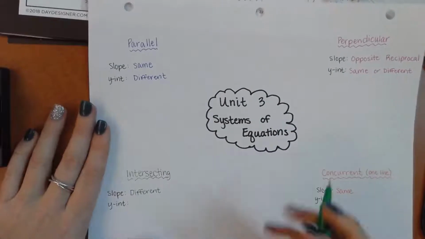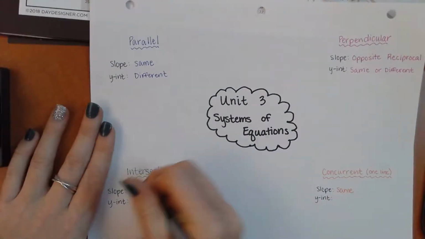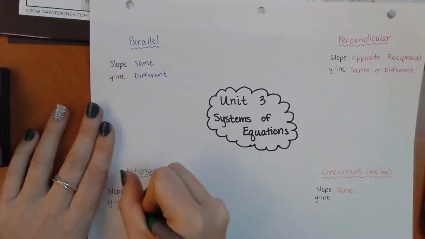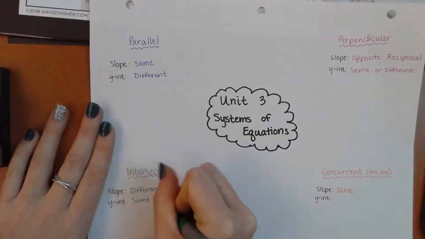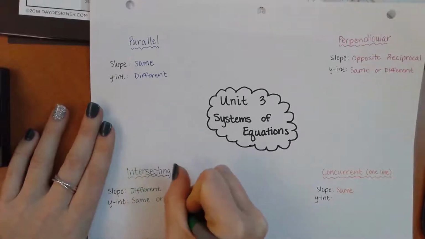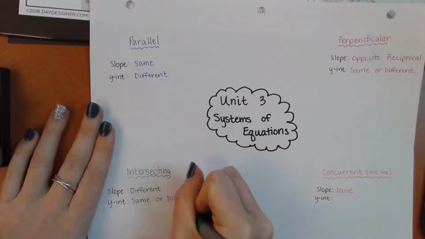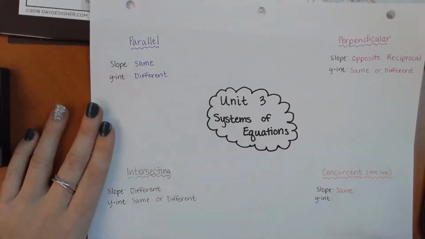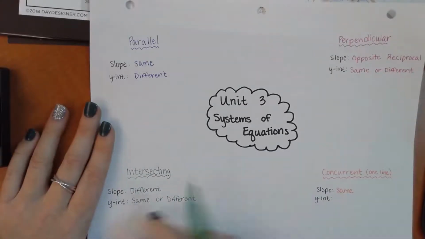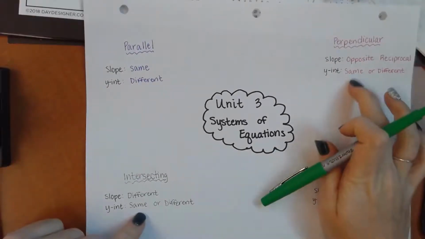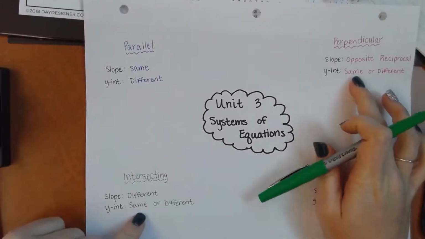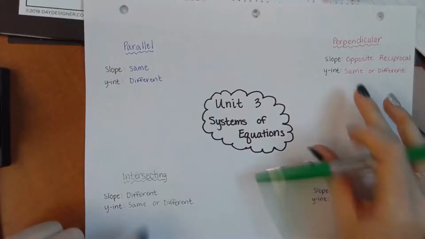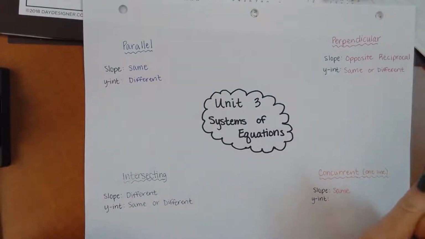Then intersecting is the same as perpendicular, so it can be the same or different. If it's the same for either of those, that spot is then where they are going to cross, which is going to be your answer per se.